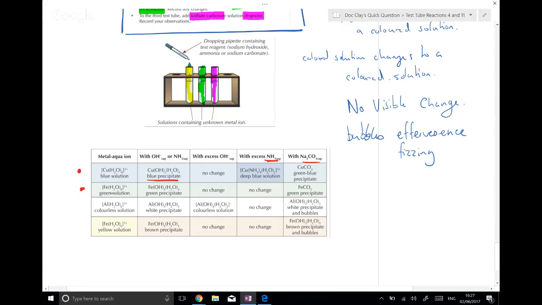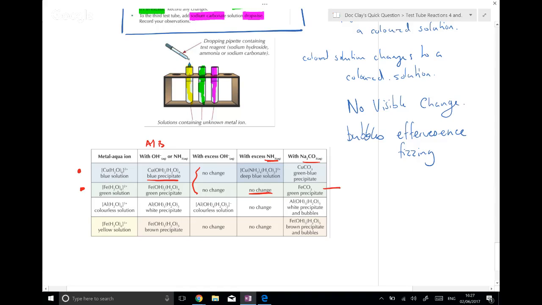Iron 2+, green solution to green precipitate, with an acid-base reaction occurring. There's no change with the addition of excess OH-, because neither of these are strong enough acids for there to be a reaction. There's no change again with excess ammonia.